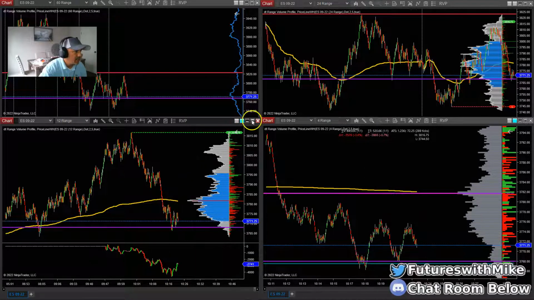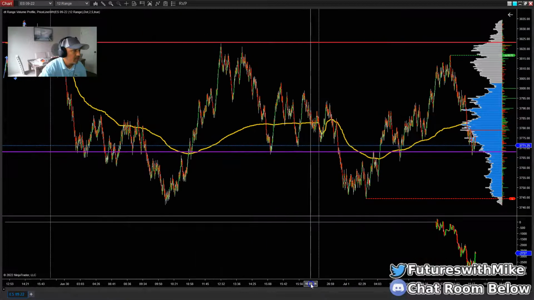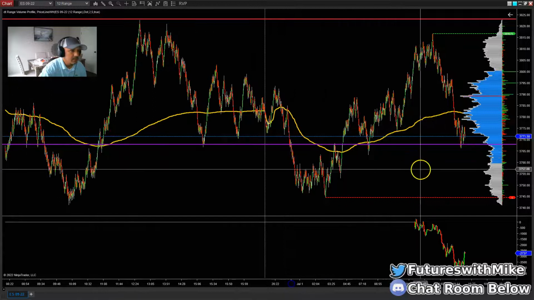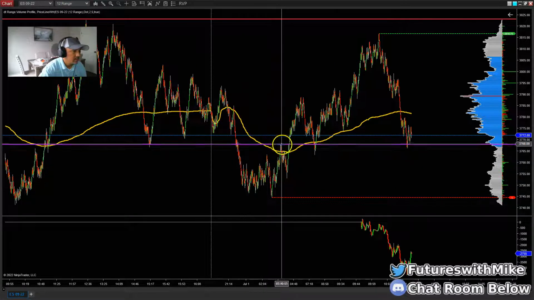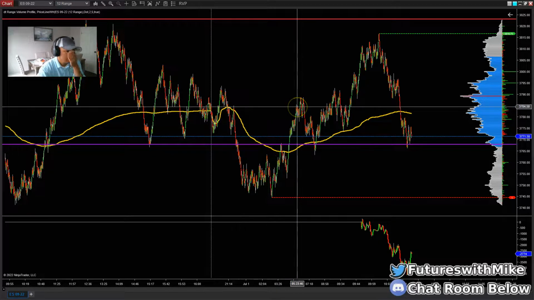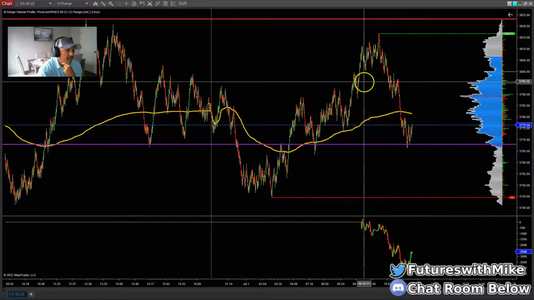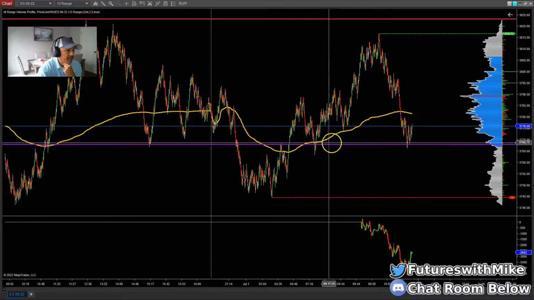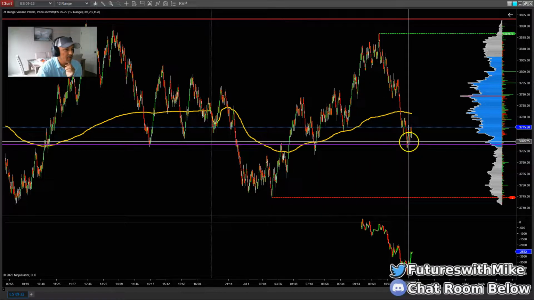So let me take a look at the 12 range and see what we did have going on, because this could have been in the area of the 12 range. Yeah, off the 12 range, you maybe never got into this trade when price came back to this area right here. But if you went long, your long probably would have been kind of short.